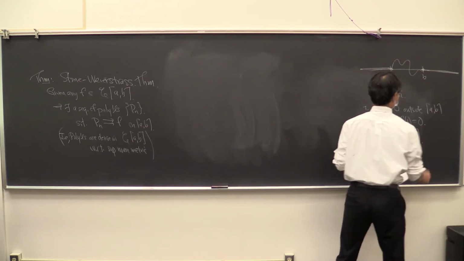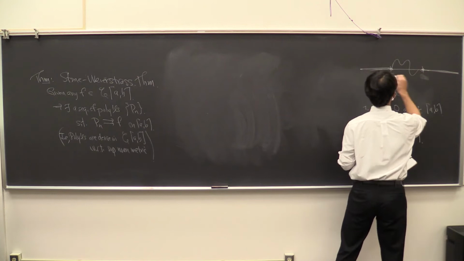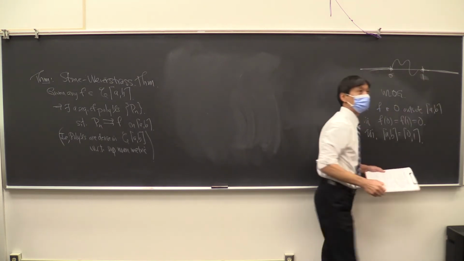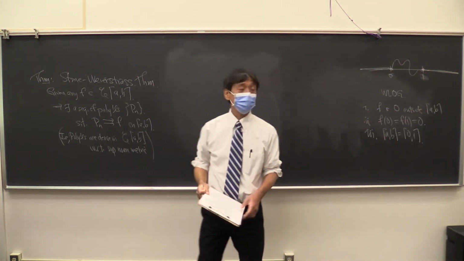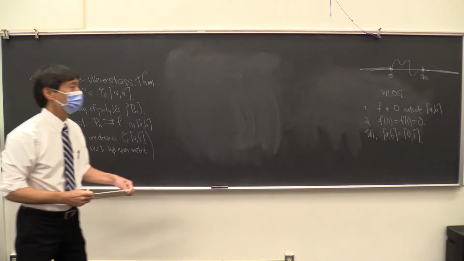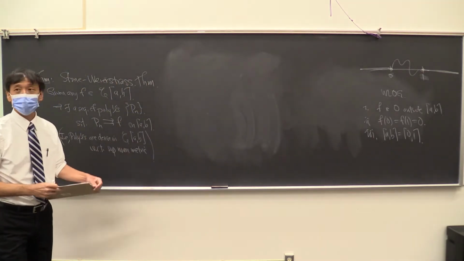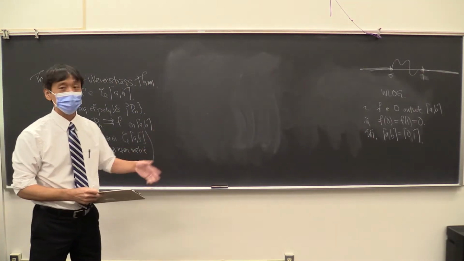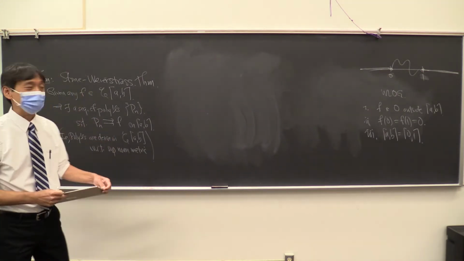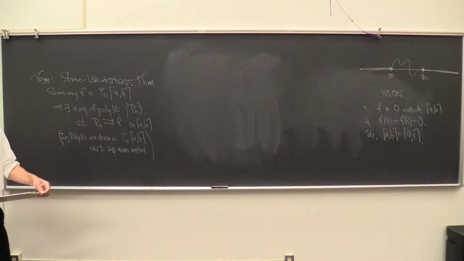It doesn't make any difference. Those are our assumptions. You'll see that if you can do it for such functions, you can do it for any functions. It's not difficult to see that.